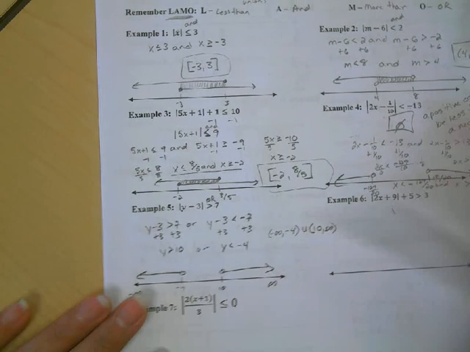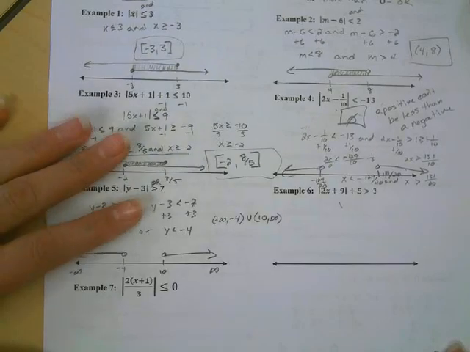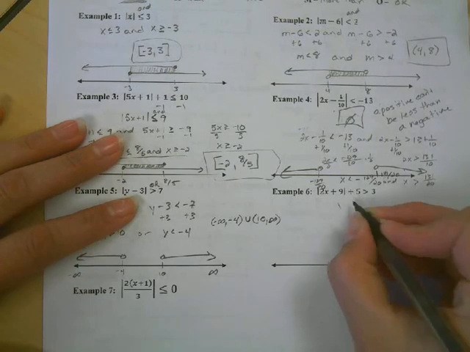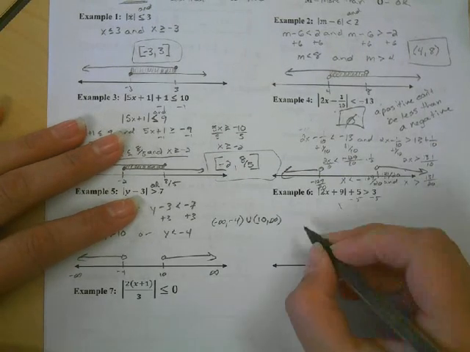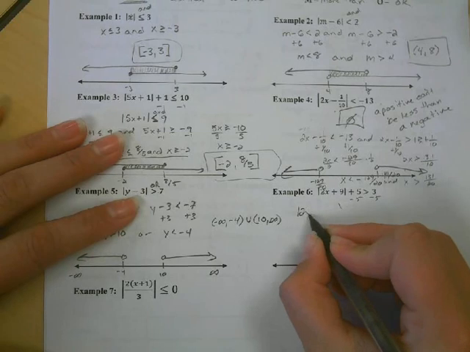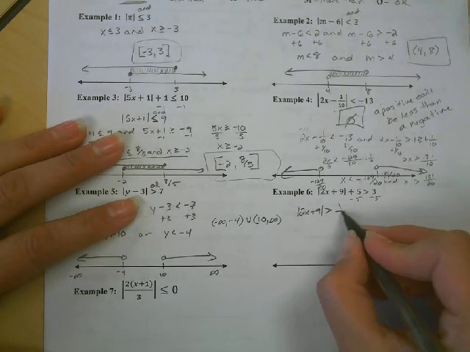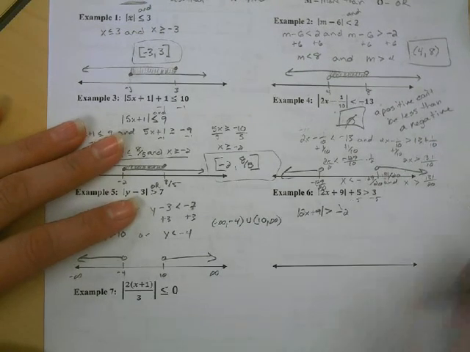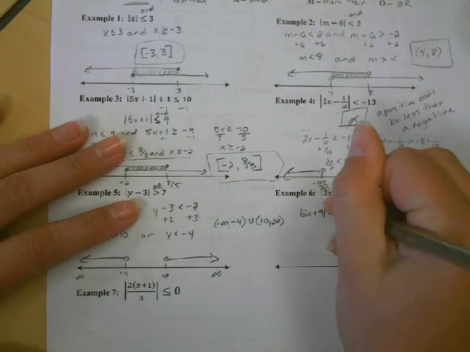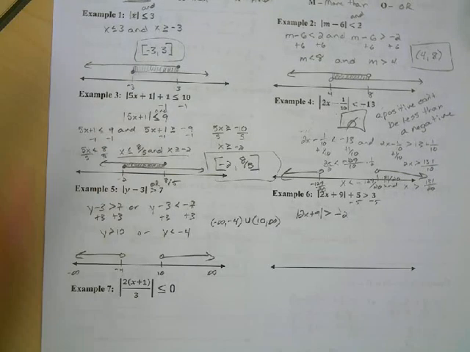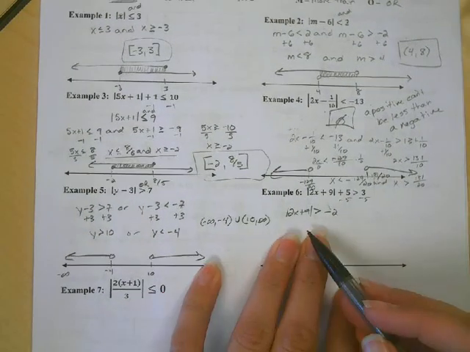Okay, so same thing on example 6. Isolate first, so we're going to minus the 5 over. So we've got the absolute value of 2x plus 9 is greater than negative 2. So anytime this negative shows up with your absolute value, that should ring bells.